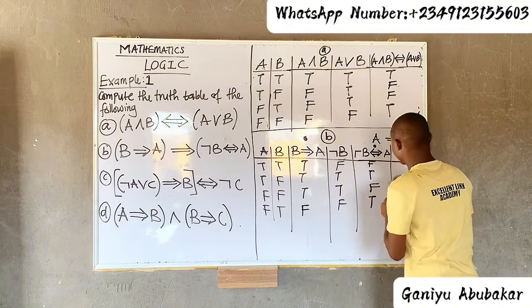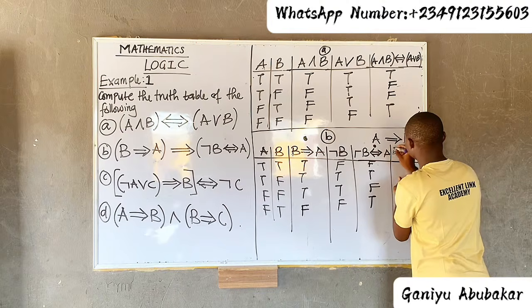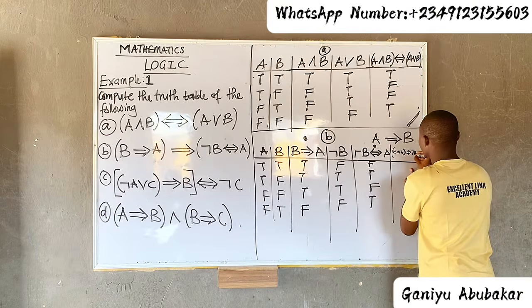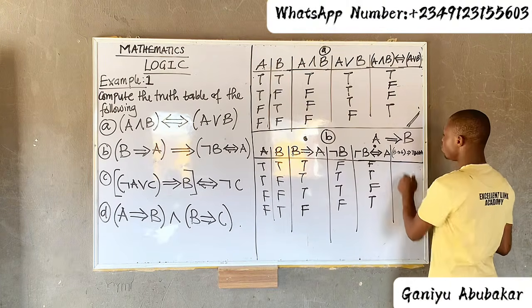So let me just try to write it here. B implication A in a bracket this way, another implication, negation of B implication A. So let's assume this is here, please.